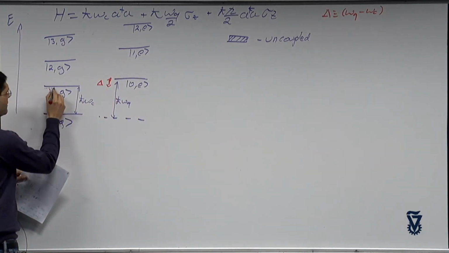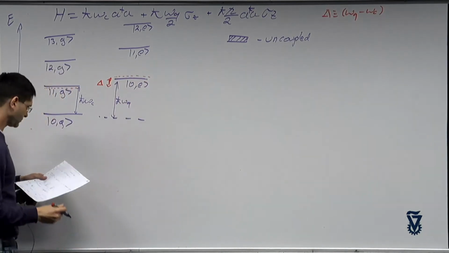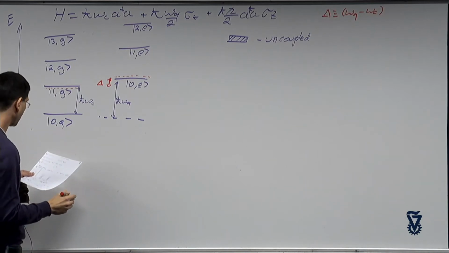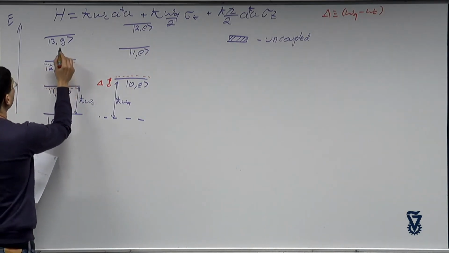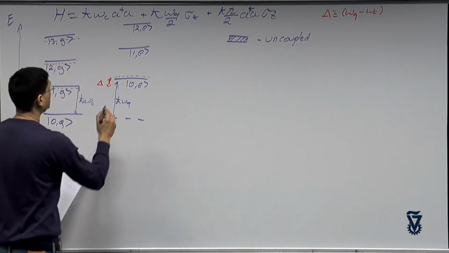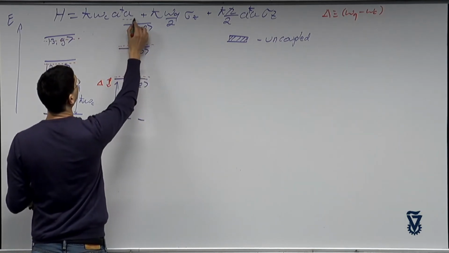And what happens is you have a little shift over here, and something like this. And then you have a little shift. This goes up and this goes even further up.